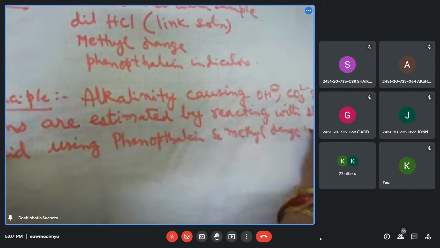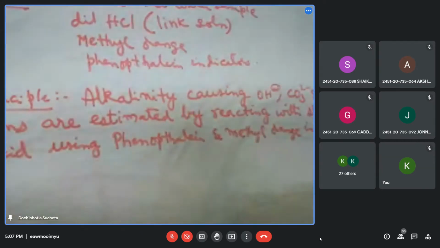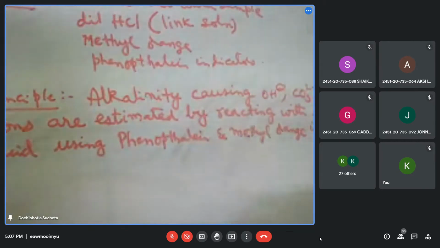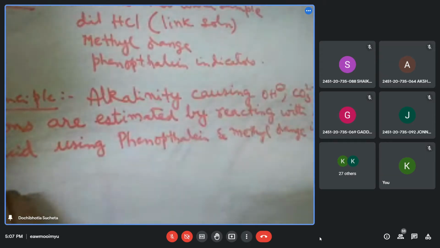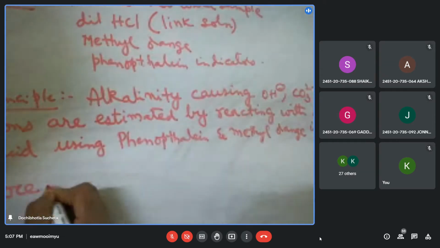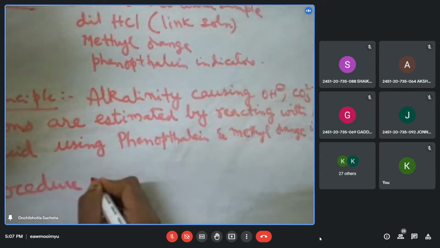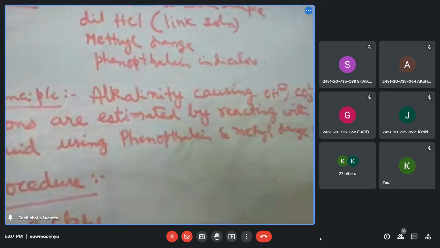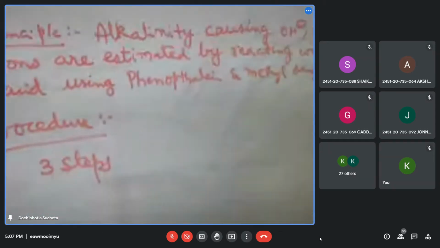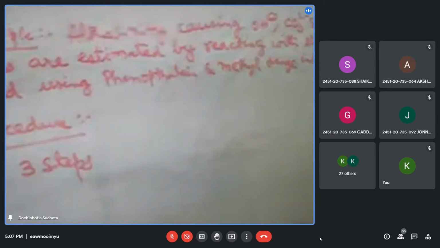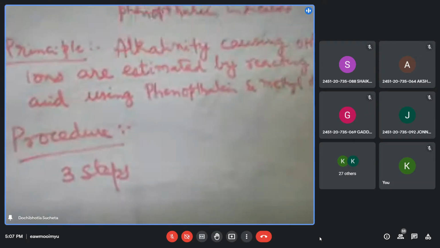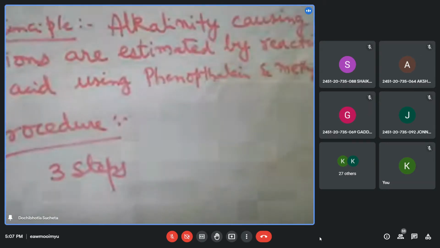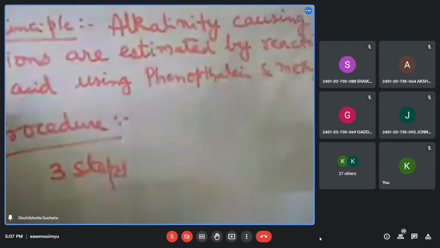Okay, that's the principle. Now, the procedure. The procedure has 3 steps. If you write the experiment like this, it's easy. What is the first step?